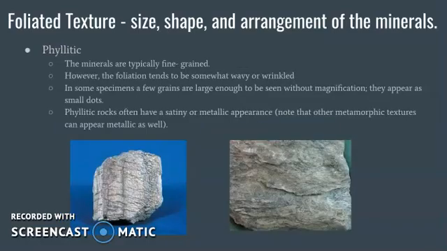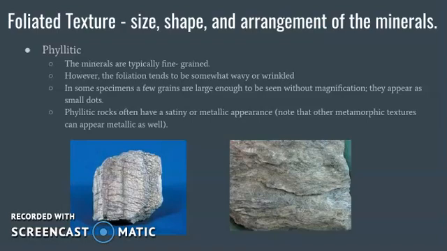Next foliated texture is phyllitic. These are minerals that are typically fine-grained, however, the foliation tends to be somewhat wavy or wrinkled. In some specimens, a few fine grains are large enough to be seen without magnification, and they appear as just small dots.